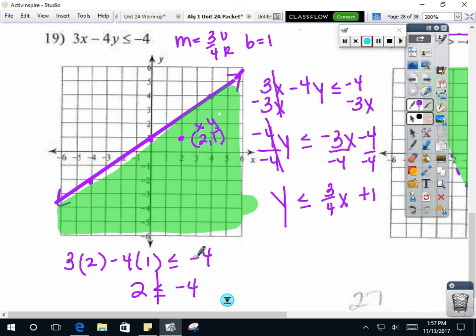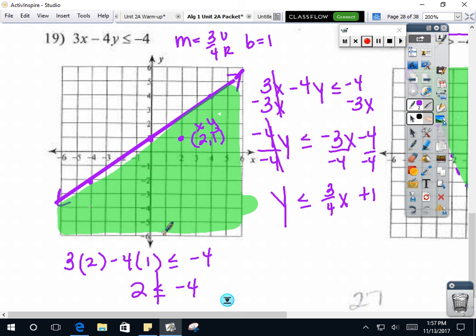No. So why did it not work? We picked a point in our shaded area. Why did it not work? No, it is. We just made a mistake. I let y'all make a mistake. It's a learning opportunity. It's a rule that I taught you when we were doing these on the number line. Thank you.